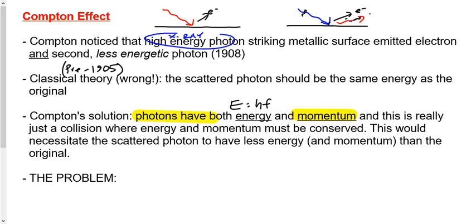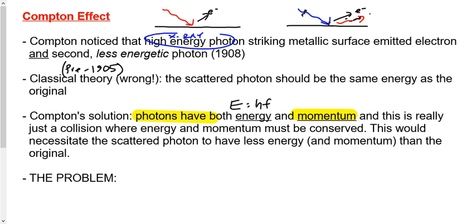The problem is that if we analyze this situation of a photon hitting an electron, and then the electron bouncing off and a photon bouncing off, it's difficult to analyze this using momentum when photons don't have any. What do you need to have momentum? Mass.